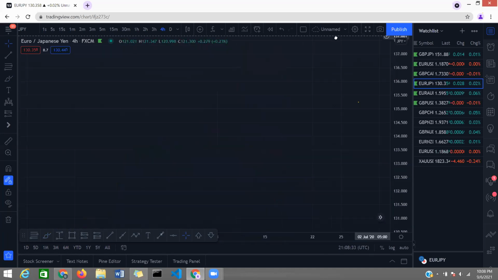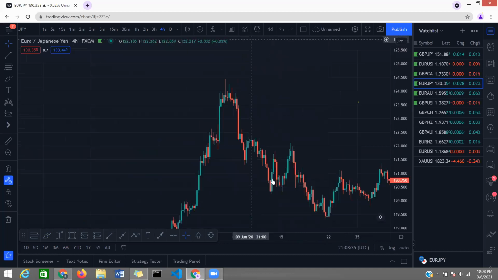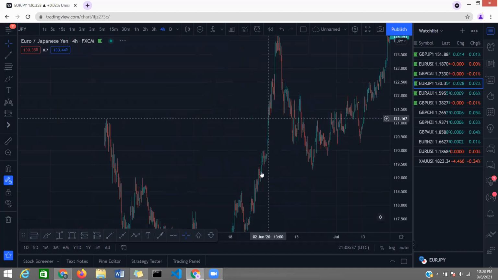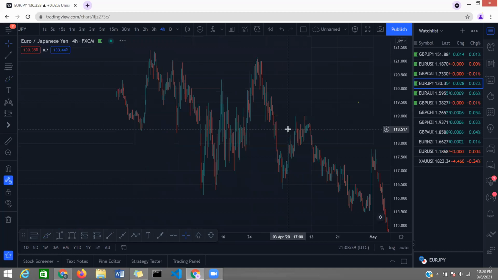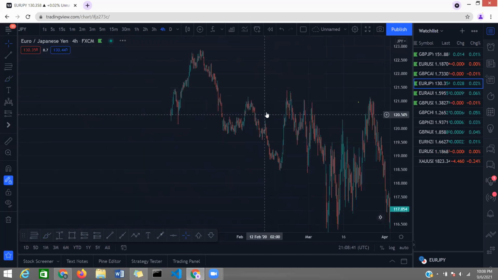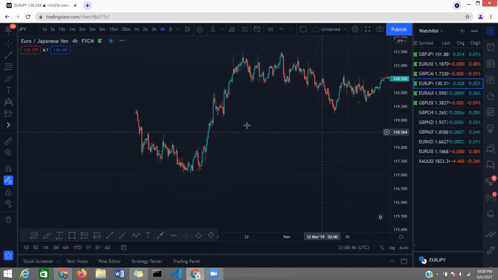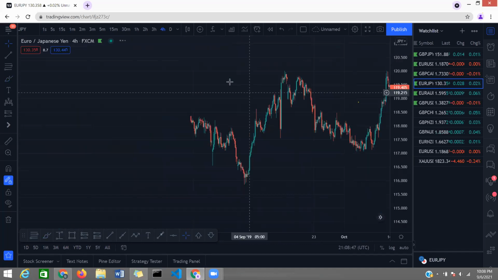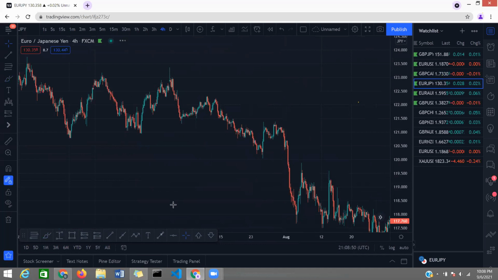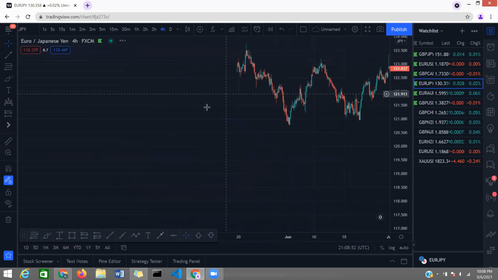So quickly, let's go on our chart and try to see if we can spot one. These are really hard to spot, because they rarely happen. So let's look for a clear example, and then I'll show you guys what you would have done in that particular scenario.